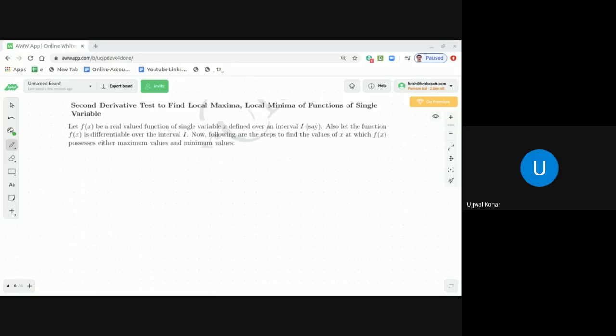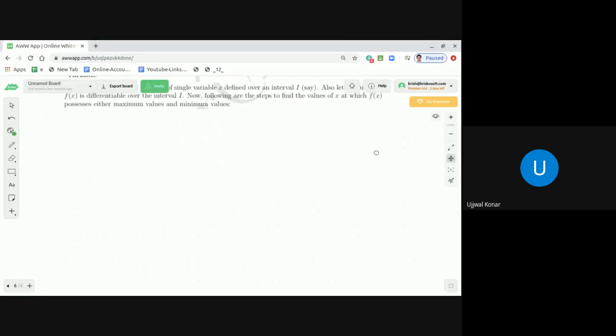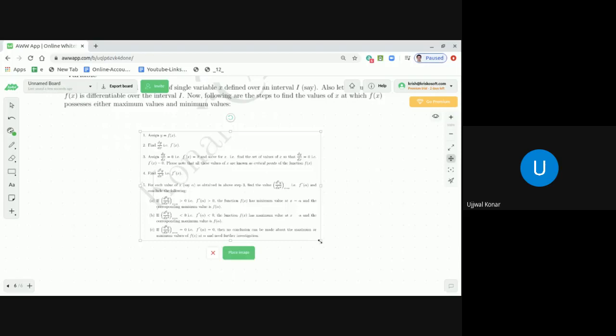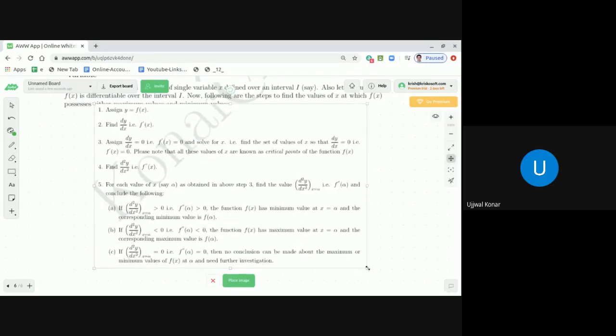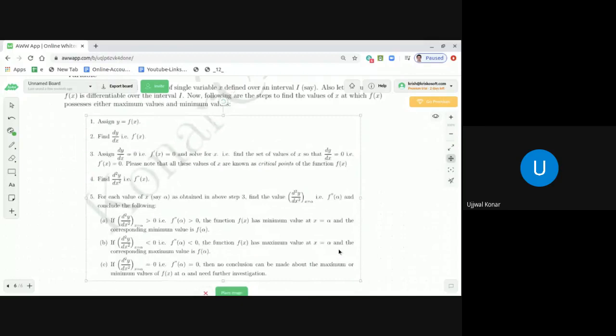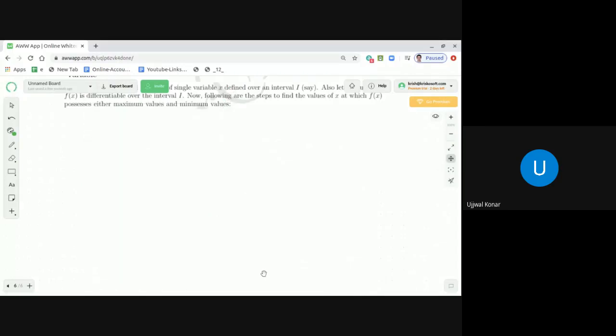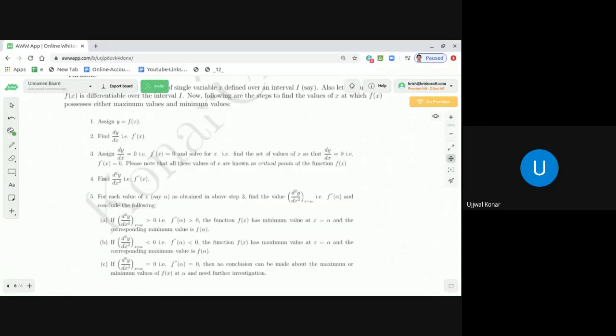So let me first place this point, dear students, and then let me explain it. The first step, very important, is that assign y equal to f(x).